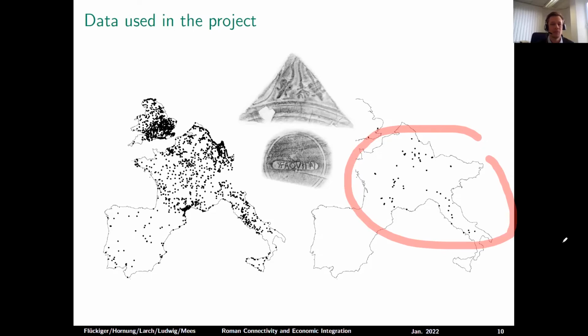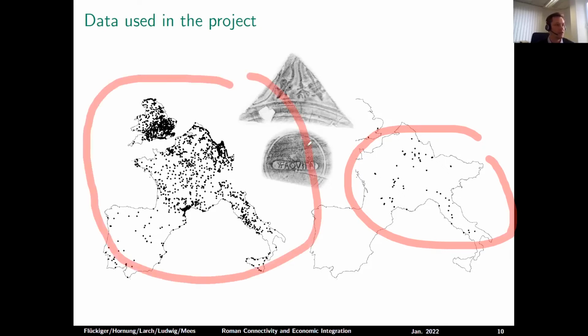And this then allows us to trace the trade patterns, because the archaeological find sites that we have on the left-hand side here, we interpret them as their destination. This is where they end up being traded to. And then the production sites are the origins. And this is the only time allowing us to connect origin and destination in such an analysis.